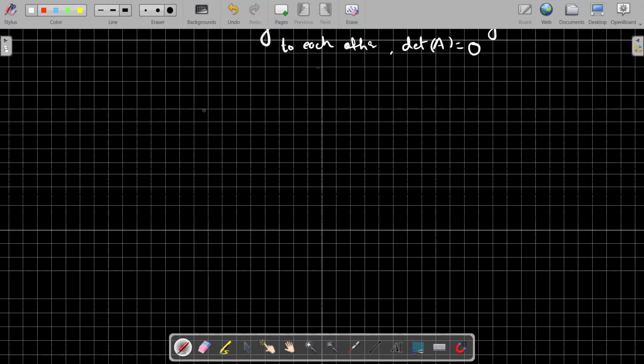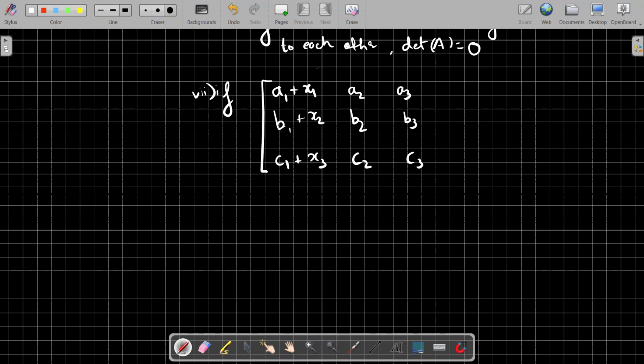The next property states, property number 7: if a matrix can be written as a1 plus x1, a2, a3, b1 plus x2, b2, b3, c1 plus x3, c2, c3.